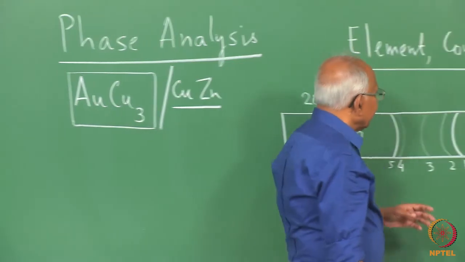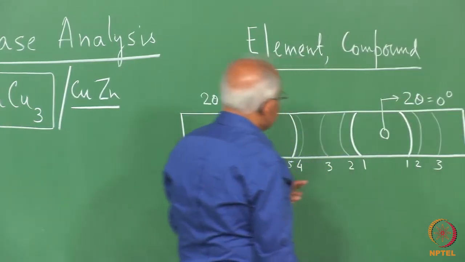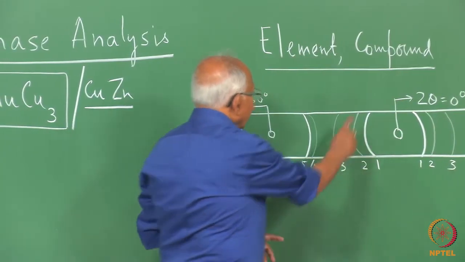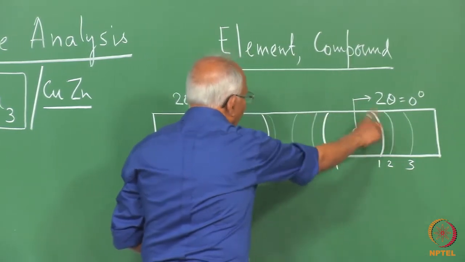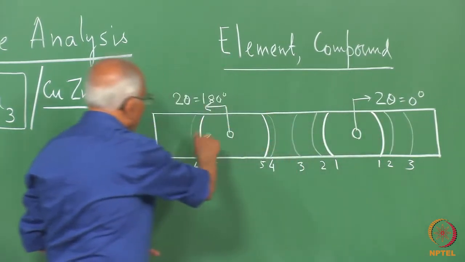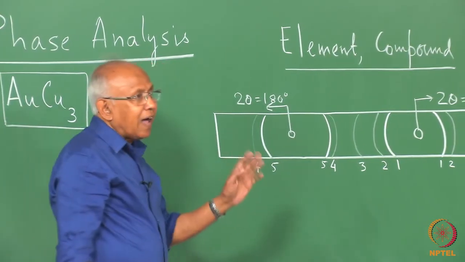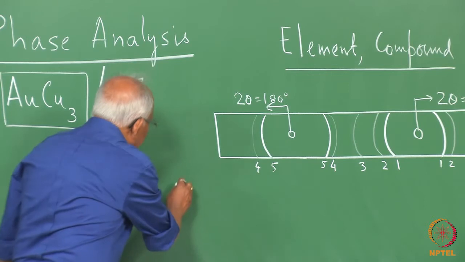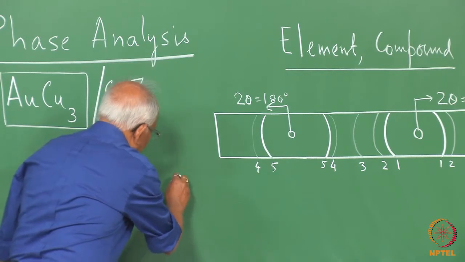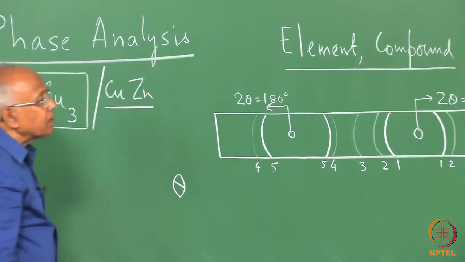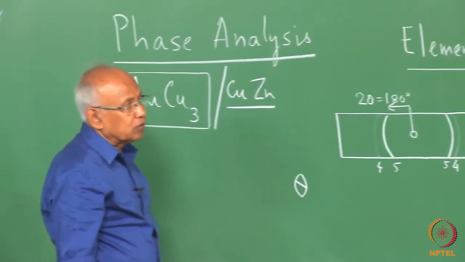Now, the diffraction pattern consists of a number of lines 1, 2, 3, 4, 5, etc. And these are positioned at particular theta values.